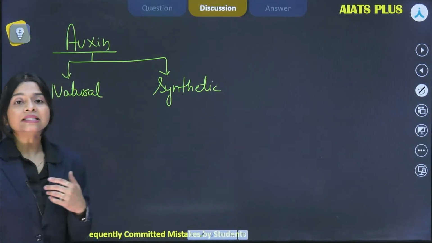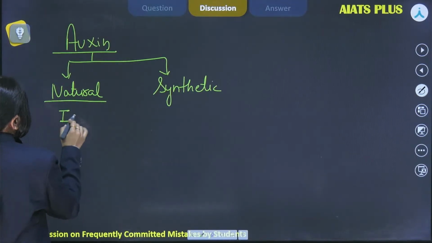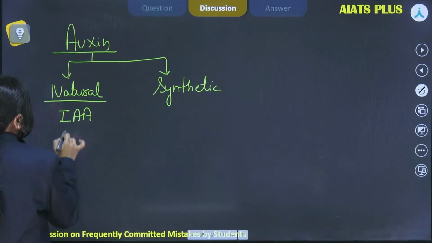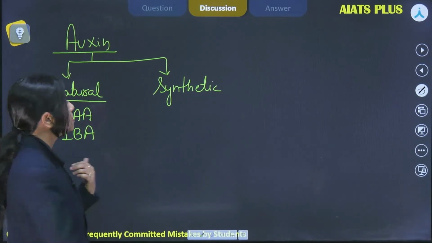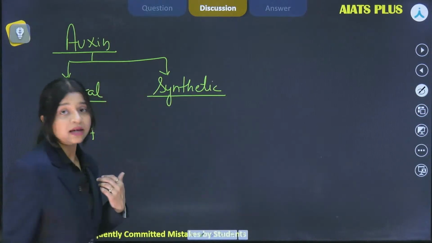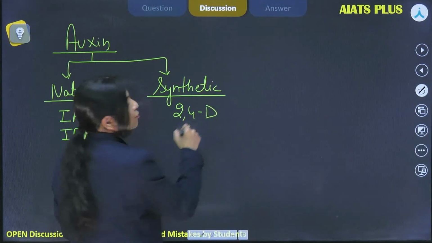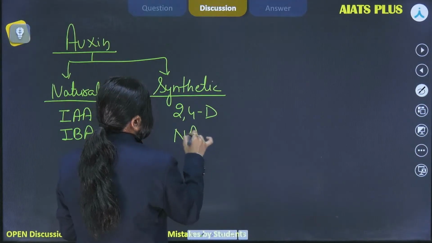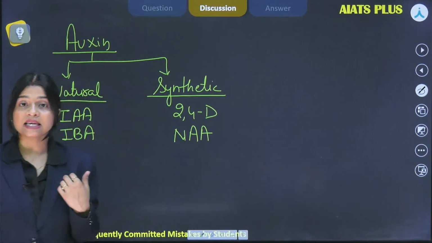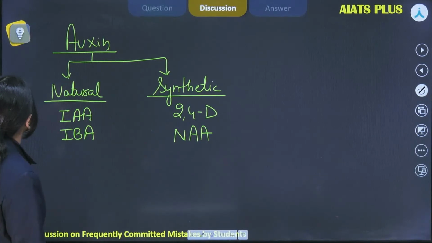If we are considering natural, we have indole 3-acetic acid and indole butyric acid. Then if we are considering synthetic auxin, we have 2,4-D, 2,4-dichlorophenoxyacetic acid, as well as NAA, naphthalene acetic acid, right. Now, these are the categories in which the auxins have been divided.